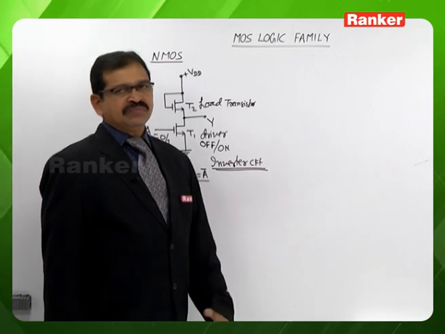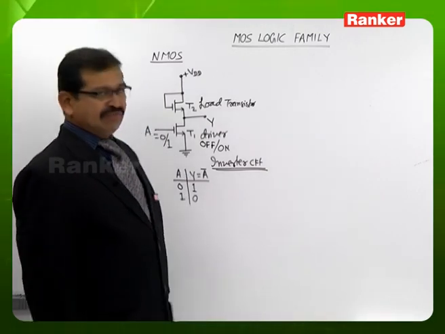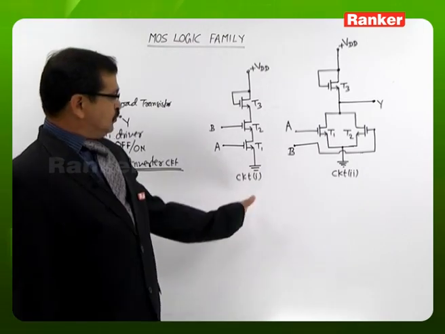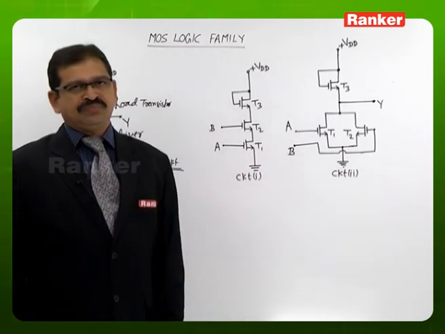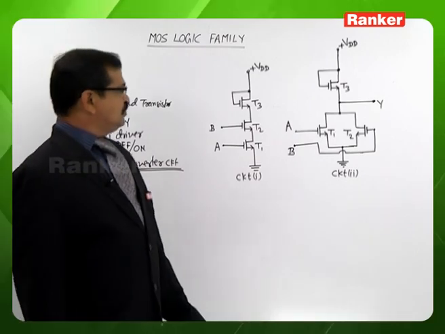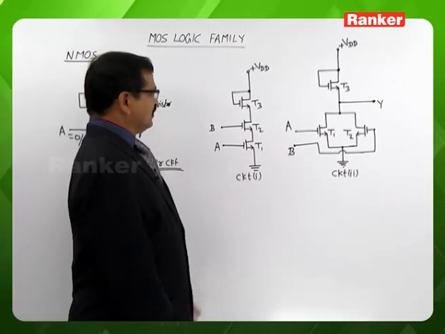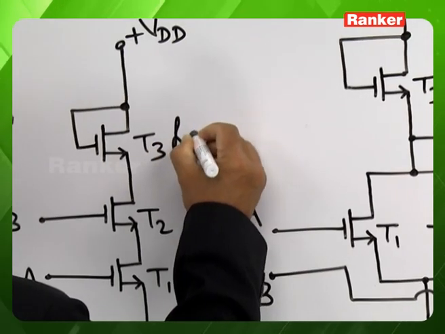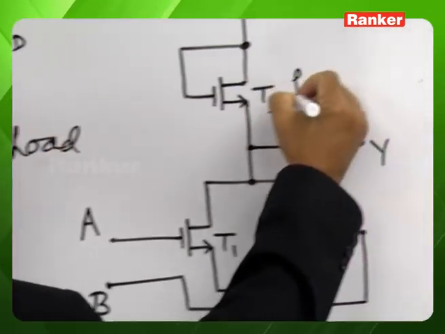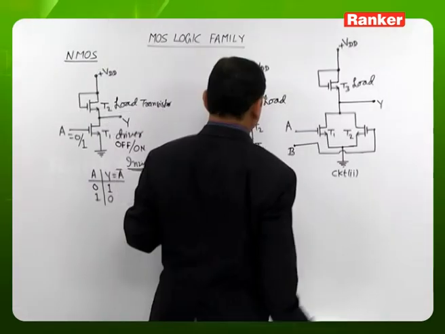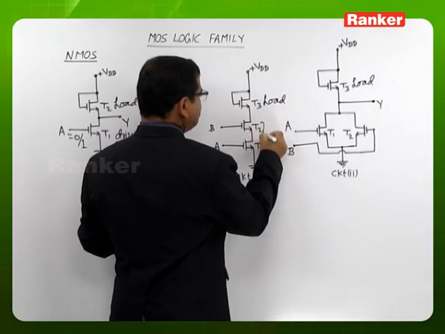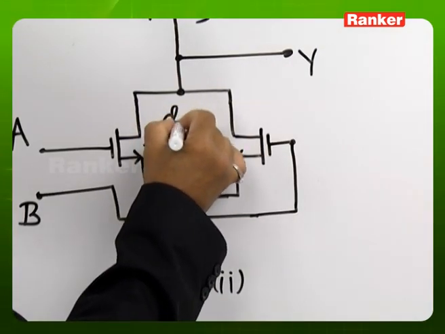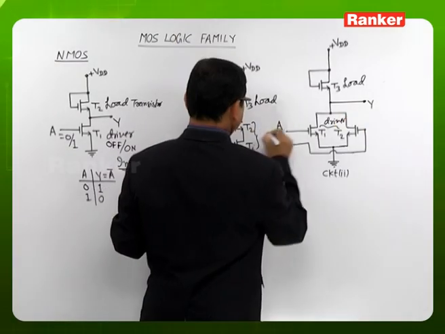Let's look now at the implementation of the NAND gate as well as the NOR gate. So here we are looking at circuit 1 and circuit 2. In both these circuits, the transistor T3 is the load transistor, whereas T1, T2 are driver transistors.